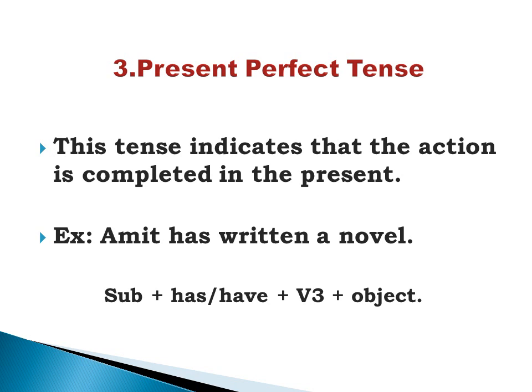Formula, subject, have has, depending on the person of the subject, V3 and object. Every perfect tense, whether it is present perfect, past perfect or future perfect, always makes use of past participle form of the verb.